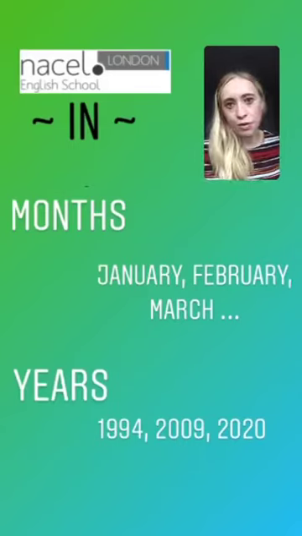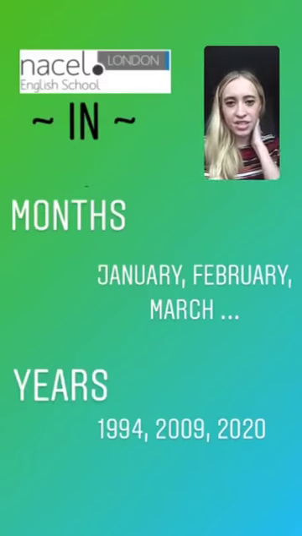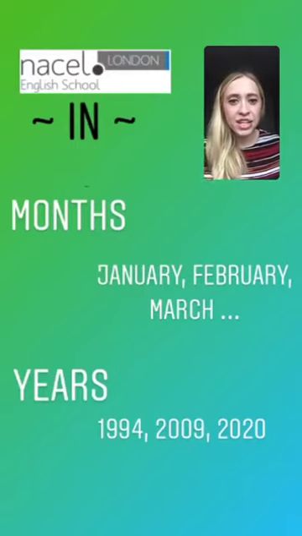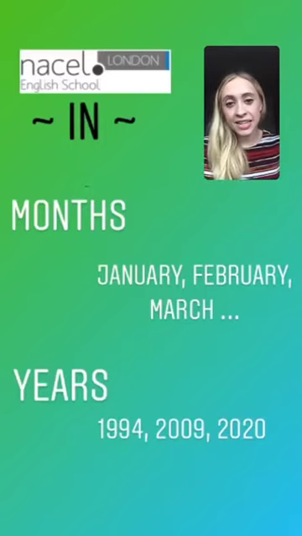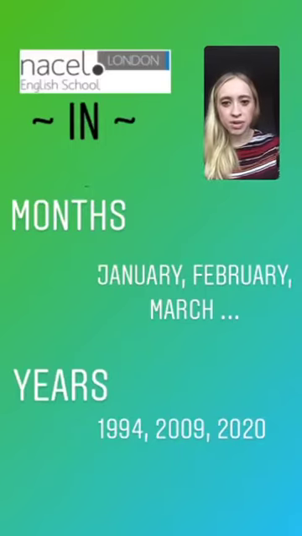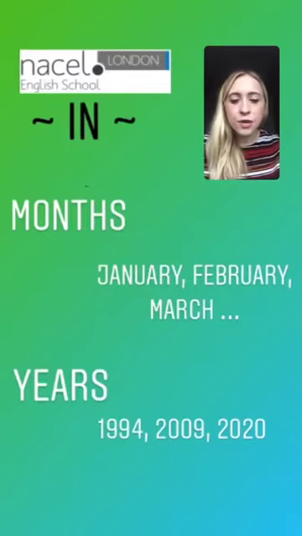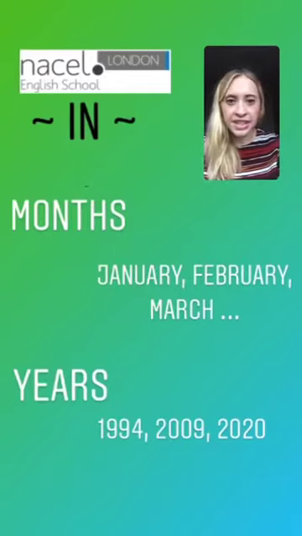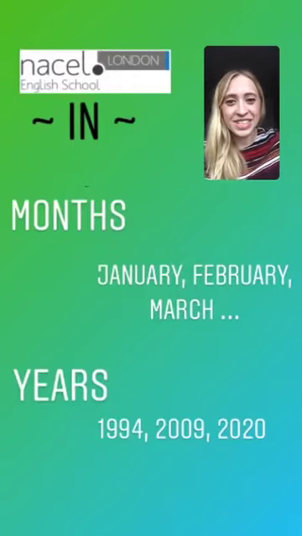We use in for all of the months: in January, in February, in March. The same for years. So I've got 1994, in 1994, in 2009, in 2020. We'd use the preposition in. For example, in 1994, my sister was born. In 2020, the world stopped because of coronavirus.